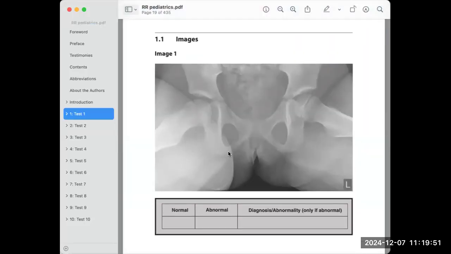But really, they are very important because the pediatric age group is very unique and has abnormalities that will not come in the adult age group. And in most of our practice, if you are not working in a children's hospital or near one, you will see very few images from the pediatric side. So also give it more attention.